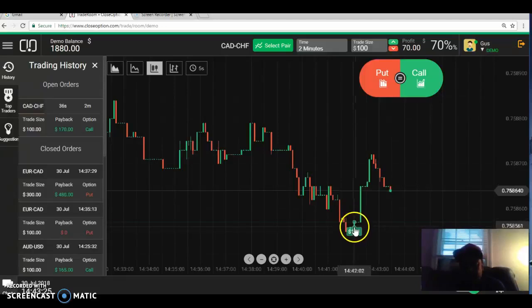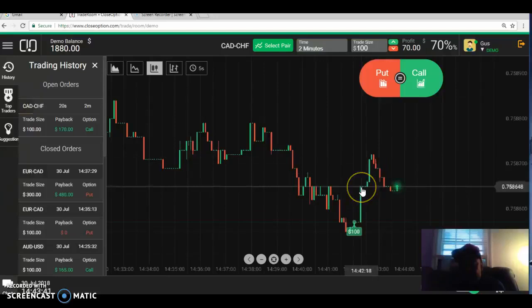We executed a call option right at this level, at the 0.758 level. As soon as I hit the call, it popped right up, as you can see from these bullish green candles. The red candles are bearish candles. The green candles are bullish candles.